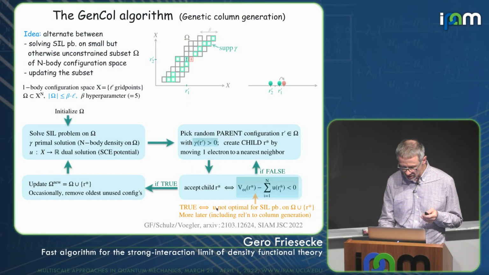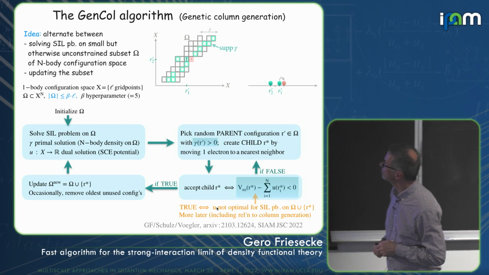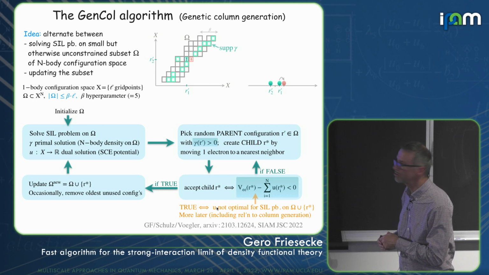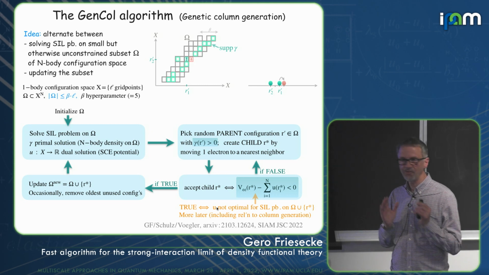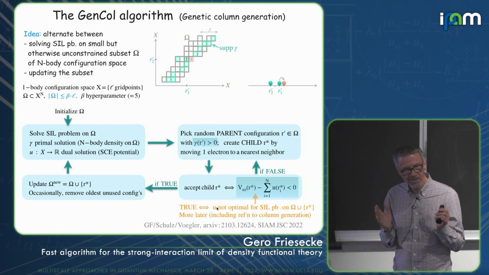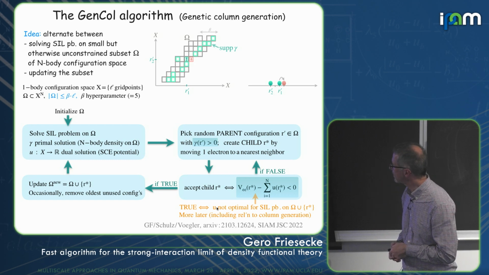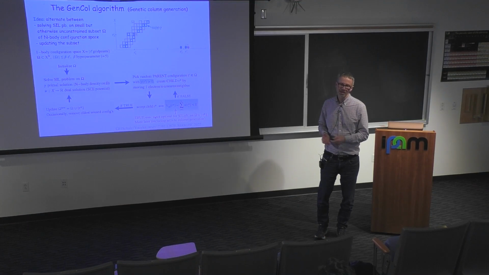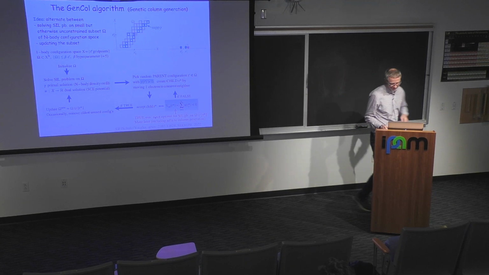The acceptance criterion is true if and only if the current dual state, so notice the dual state is always a function on the whole grid, but it's just on the 1-body grid, would no longer be optimal if you add this extra point into the active set, into the set on which you solved it. So that's the criterion you should put, right? And that's computationally very simple.